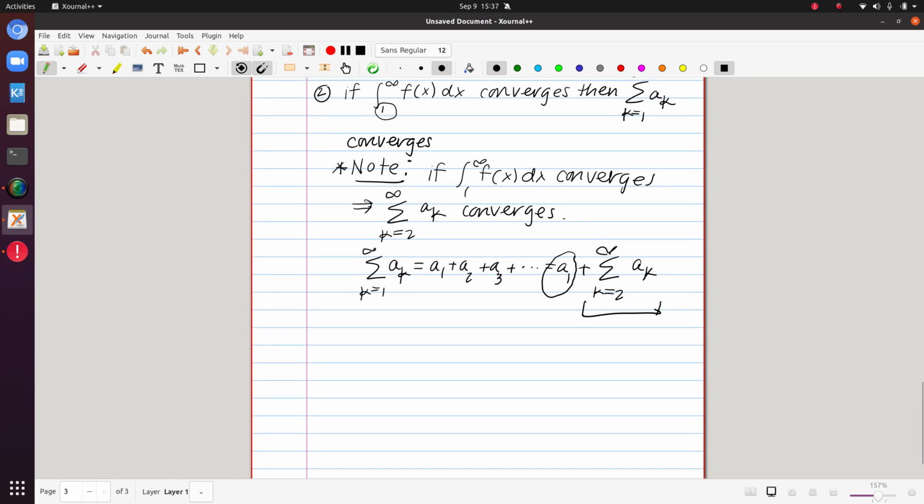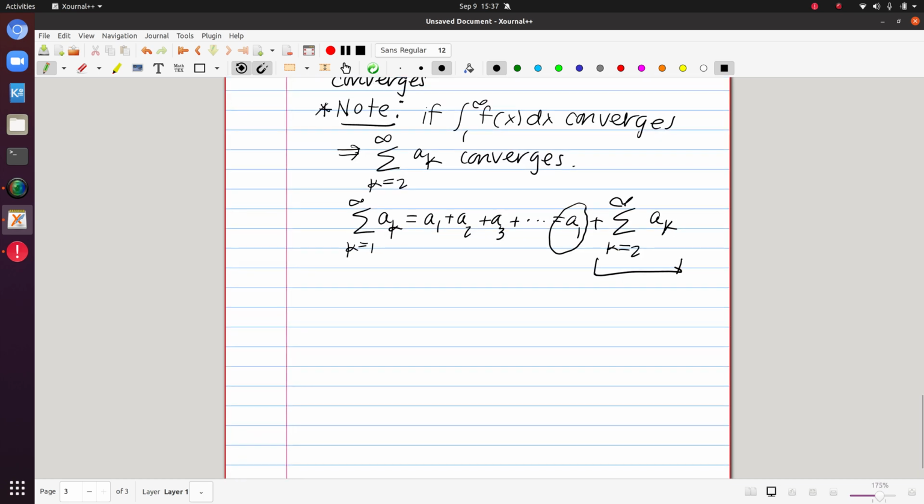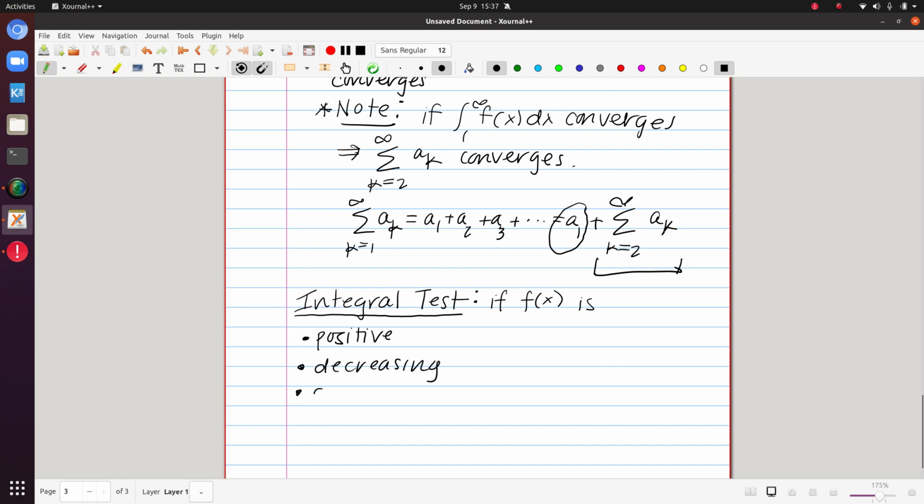So putting this all together, we can actually state what the integral test tells us. The integral test says that if f of x is, and we have several things that we're assuming, positive, decreasing, and continuous.